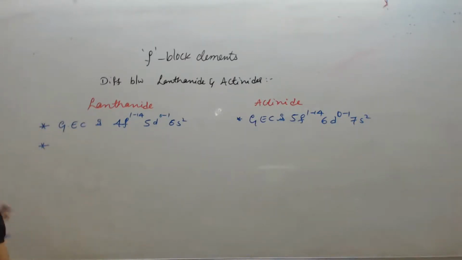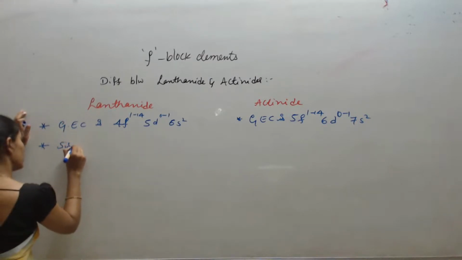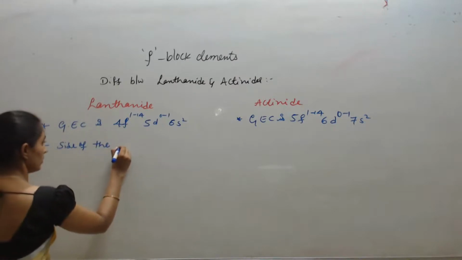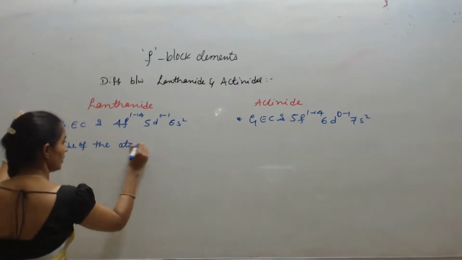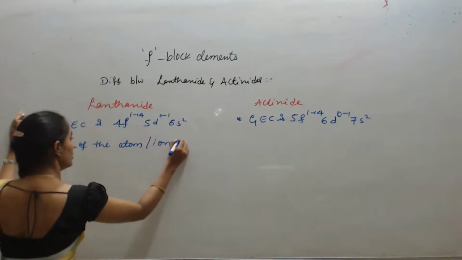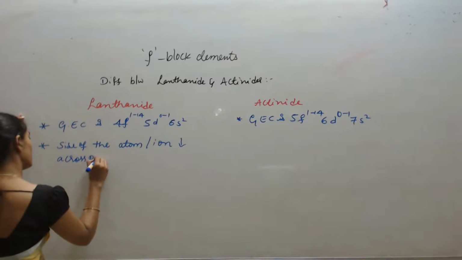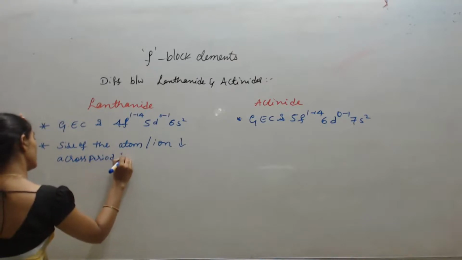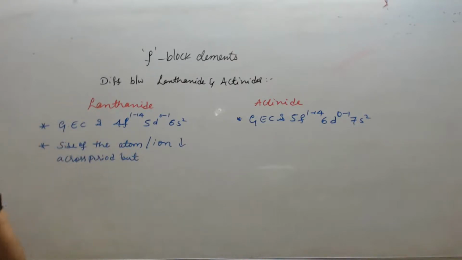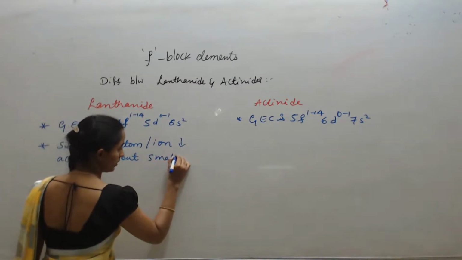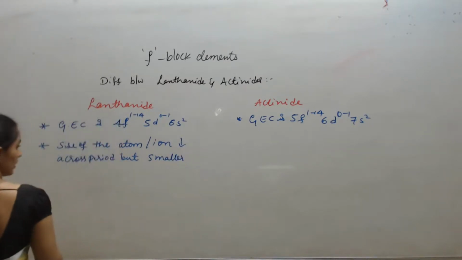Then, second one, the size of the atom and ion decreases across the period, but I will read directly there.